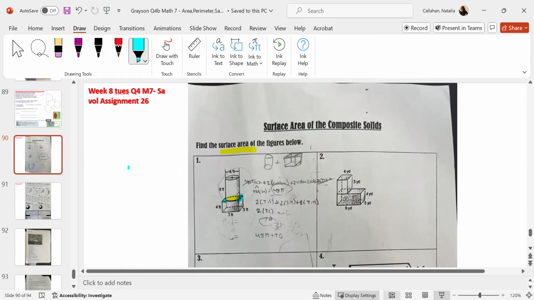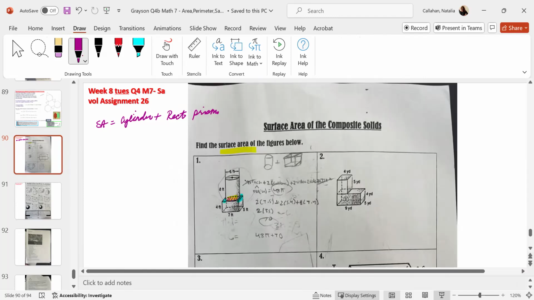Okay. So what are the two different things that you have here? What are the two different shapes? Cylinder and rectangular prism. Okay, but then remember, you gotta subtract that circle, right?